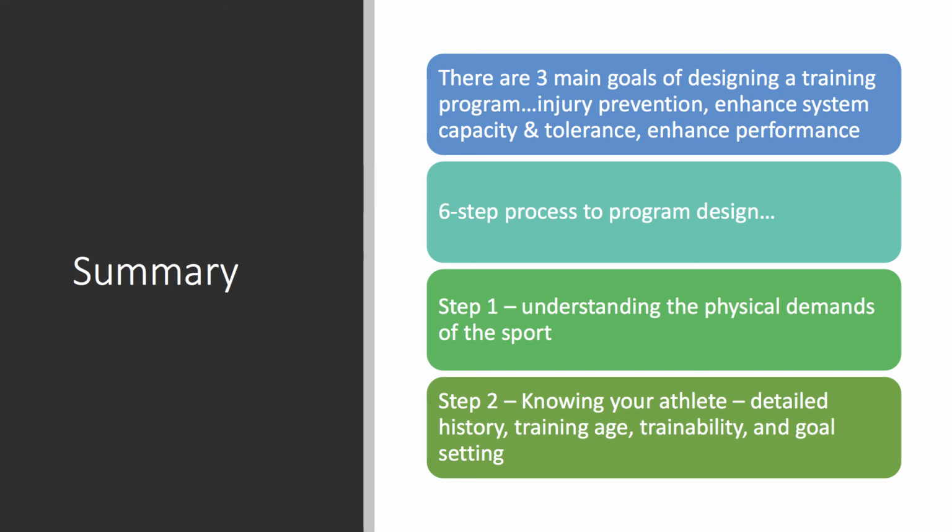The first step being a sport or needs analysis, where you're understanding the physical demands of the sport. That's going to be a recurring theme within this course, is really getting to a good grasp of step one. Step two is knowing your athlete, doing a detailed history, determining their training age, their trainability, and setting realistic and timely, specific, measurable goals with them.